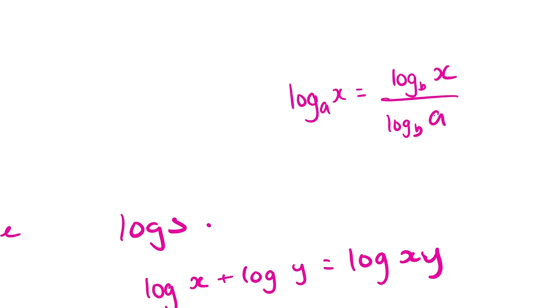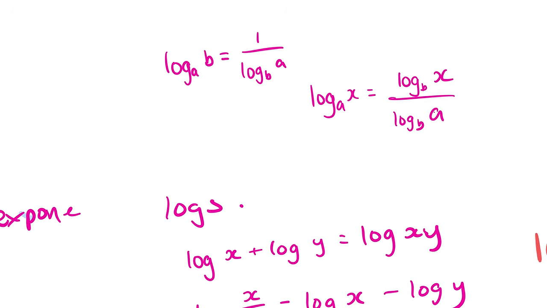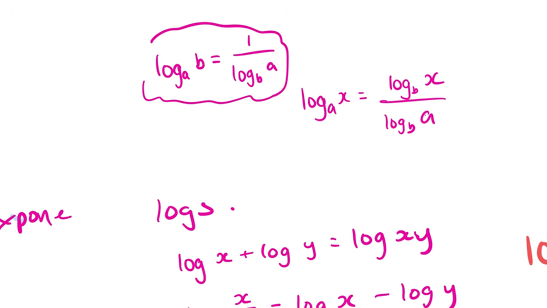And lastly, this is also a law. Log to the base a of b is the same as 1 over log to the base b of a. So if you wanted to switch them, you can, okay? That is something I don't see come up often. However, bear that in mind.